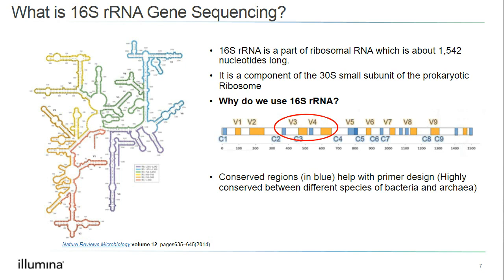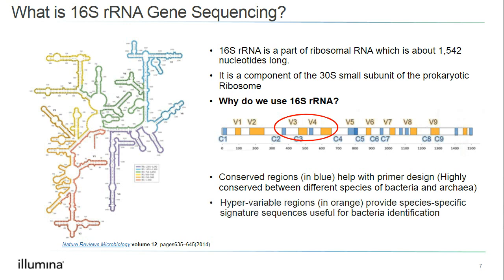The regions in orange are the hypervariable regions. There are 9 regions in the 16S ribosomal RNA gene, and they provide the specificity for species classification for bacterial and archaea identification. Illumina sequencing protocol focuses on V3 and V4 variable region sequencing.